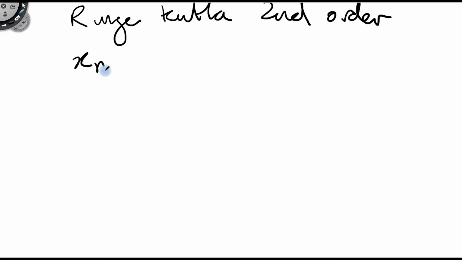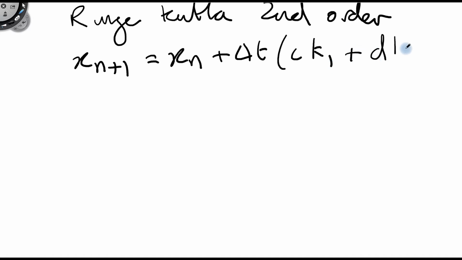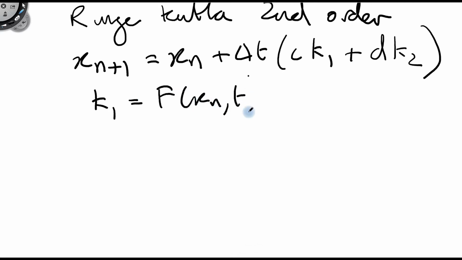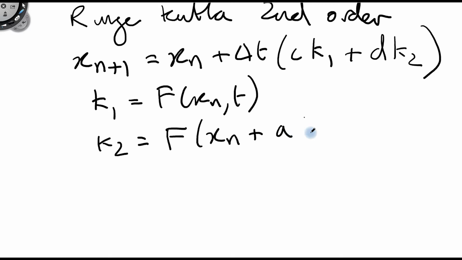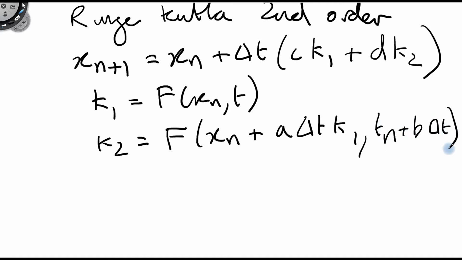That the new value x_{n+1} equals x_n plus delta t times (c k1 plus d k2), and k1 was simply the function at the start of your interval, and k2 was somewhere within your time step, like this.